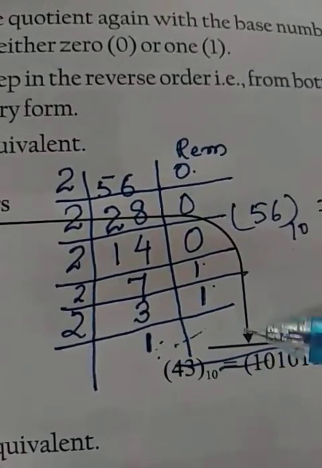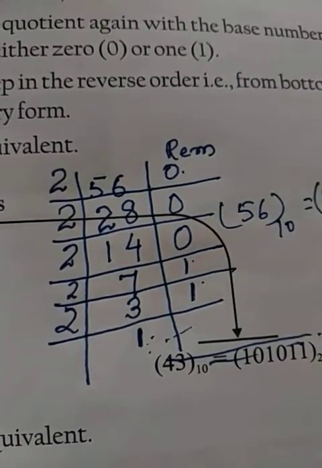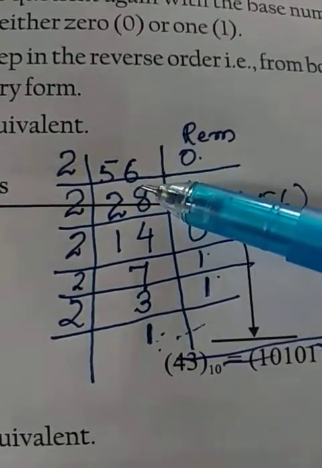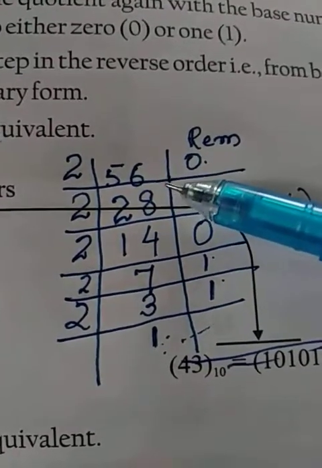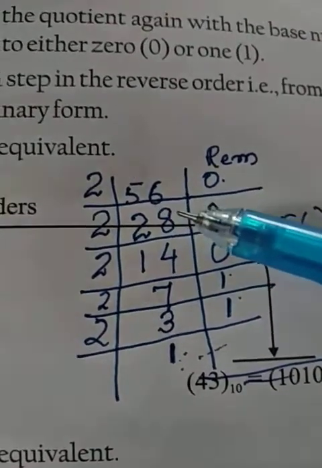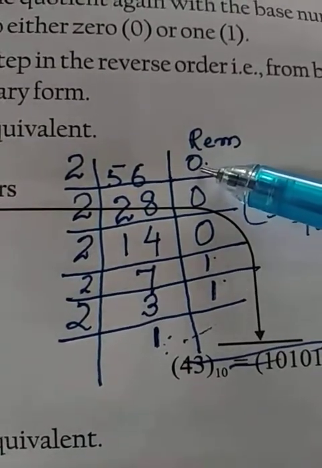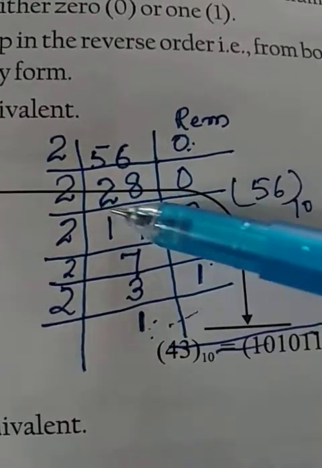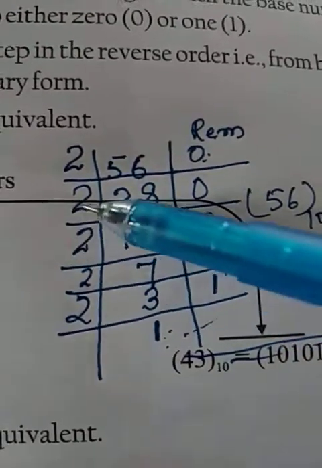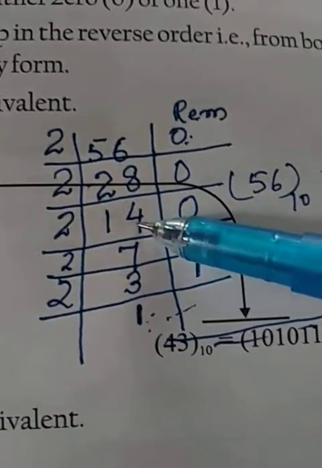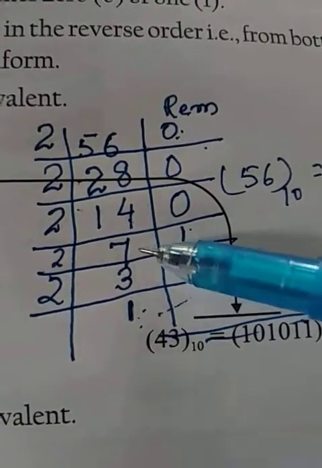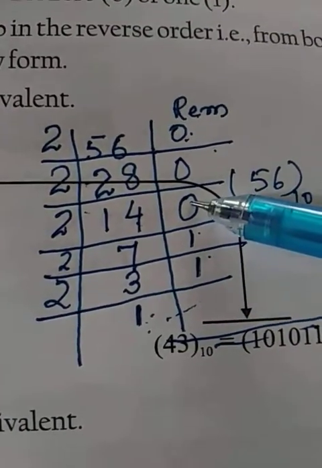Again pay attention here. What we have done to convert 56, our decimal number, into binary number: we continuously divided it by 2. Whatever remainder we were getting, we were writing it towards the right hand side. This is the quotient, this is the remainder. Again divide the quotient by 2, and this is the quotient, this is the remainder.